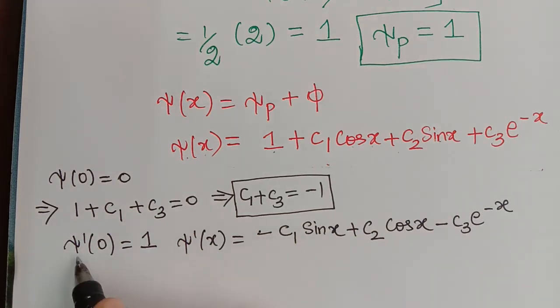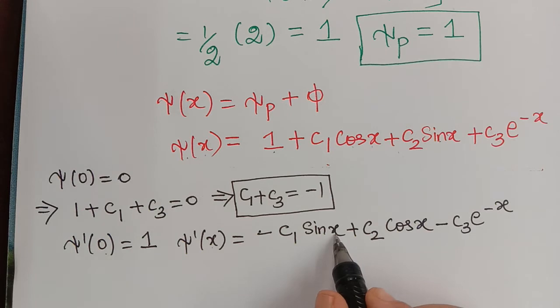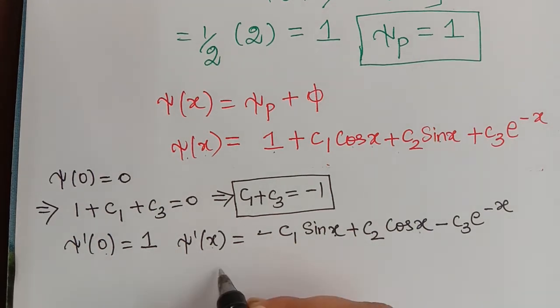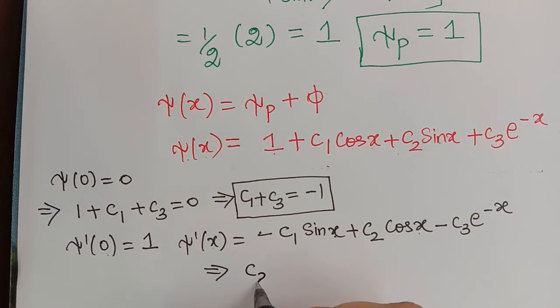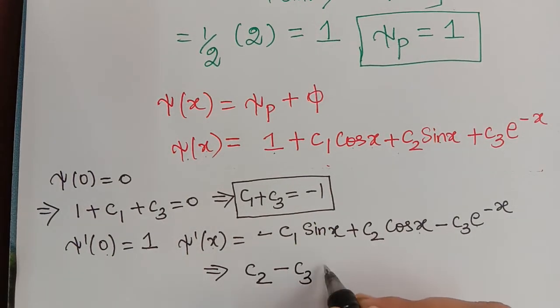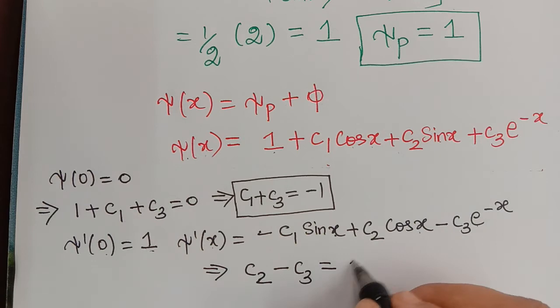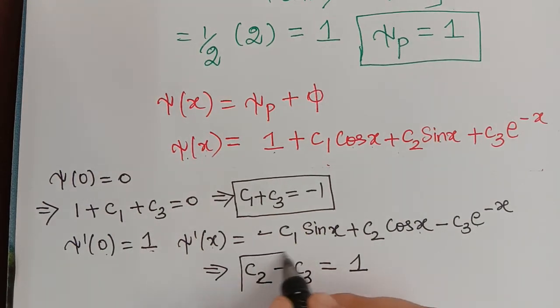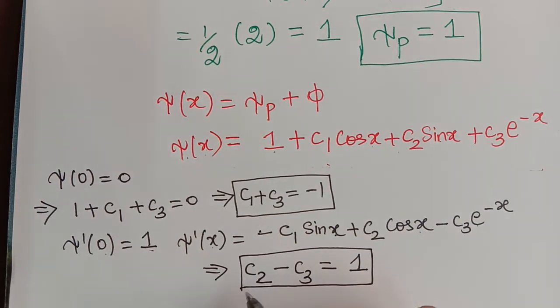Now it is given that xi dash of 0 is equal to 1. So if we put 0 here, sin 0 becomes 0, cos 0 is 1. So this implies that c2 minus c3 e power 0 is equal to 1. So this is another equation that we obtain.